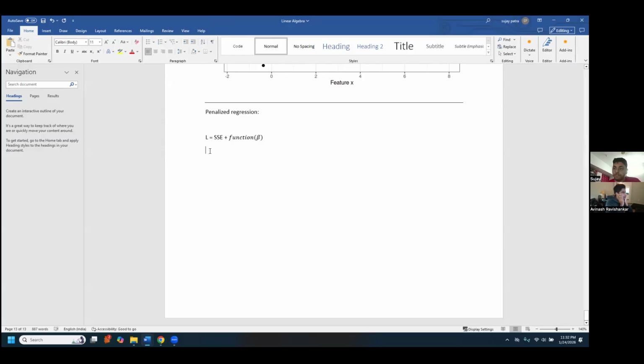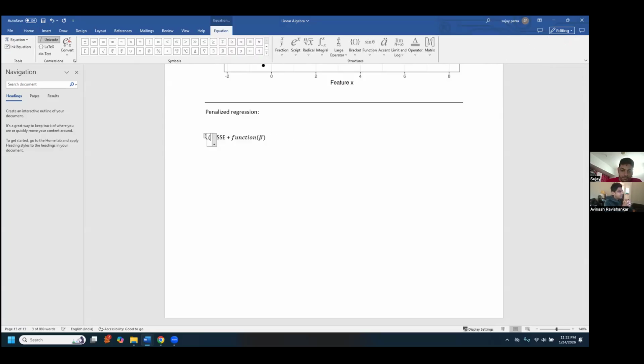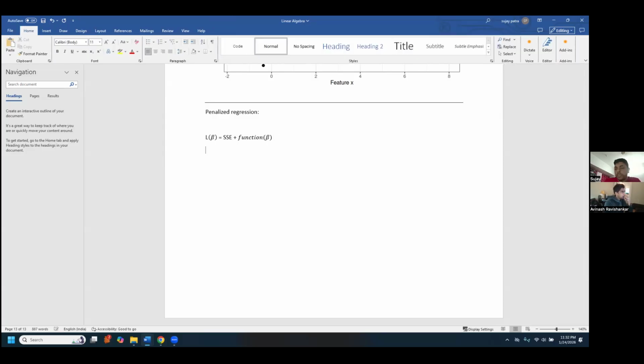Earlier we were minimizing the sum of squares of error. Now we will minimize this new quantity L, which is defined as the sum of squares of errors plus some function of beta. L is a new quantity; L is a function of beta. That is the loss function, and we minimize the loss.